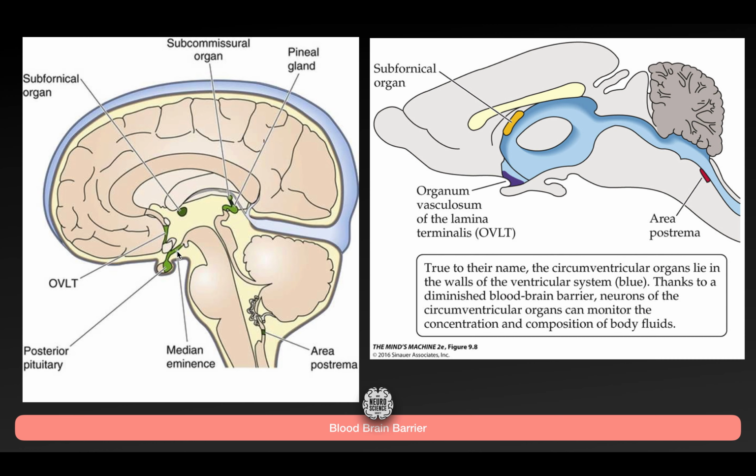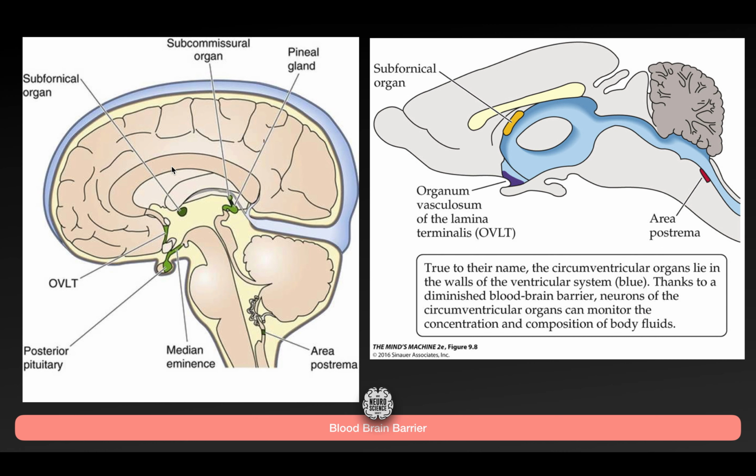All of these either secrete something, so they need holes to secrete things into, or receive endocrine signaling and therefore need to have things leak into them. So they are the regions that are the exception to the rule. Remember, pituitary gland, pineal gland, area postrema.